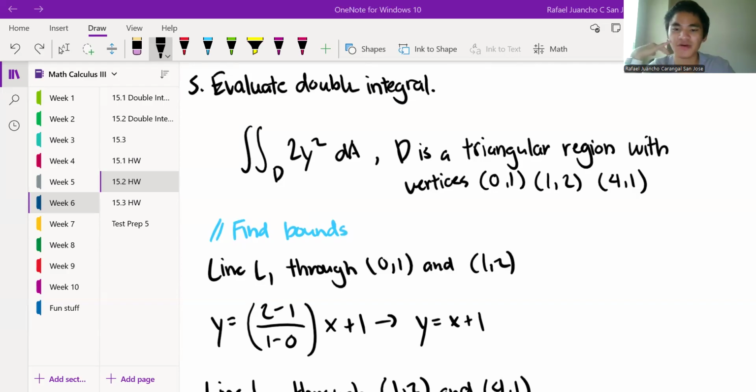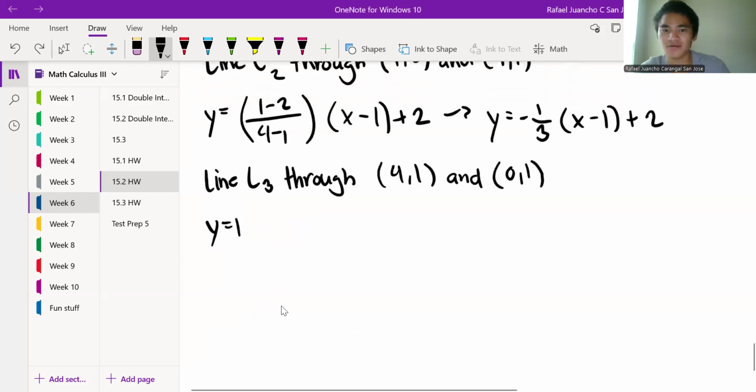And so even if we were to find the lines and then set up a double integral, then we need to find constants for x here. Okay, so in this case, when x is 0 to 1, that one's the issue. So when my x is 0 to 1, right?